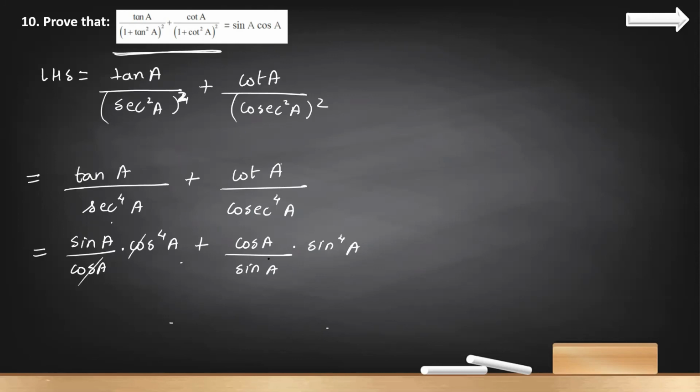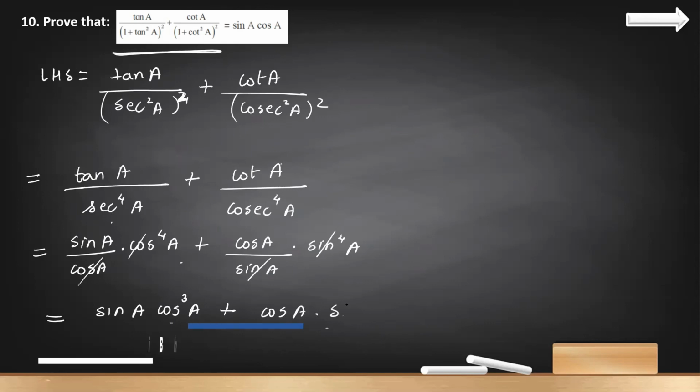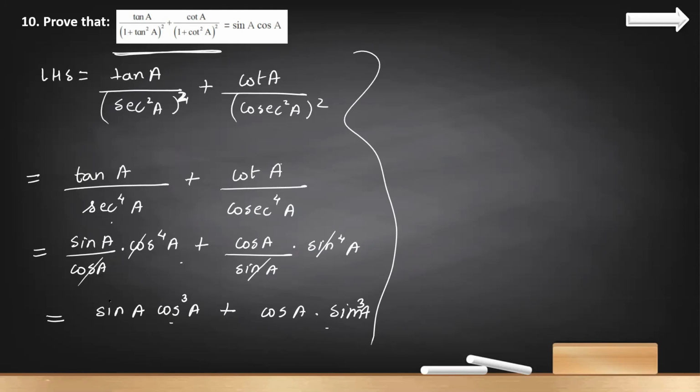Cos and cos will get cancelled over here, sine and sine will get cancelled over here. So we have sine A into cos cube A, because only one cos is cancelled, plus cos A into sine cube A.